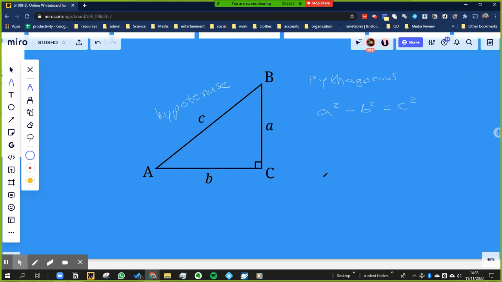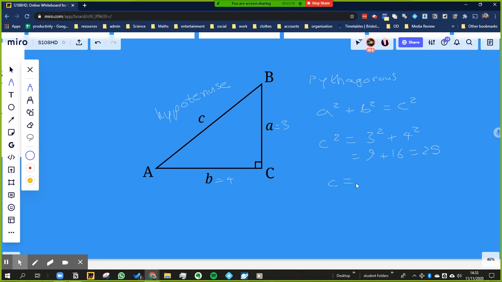One of the most standard examples of this would be, let's say a was 3 and b was 4 centimeters, millimeters, whatever measurements you fancy. Then c squared is equal to 3 squared plus 4 squared, which is 9 plus 16, which is 25.